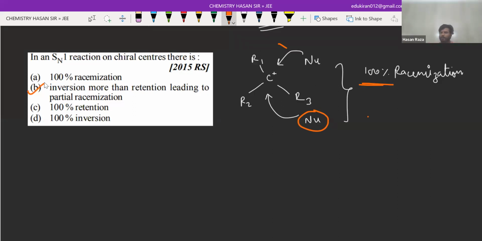Basically, it is not sure that 50% inversion and 50% retention will take place. It might be that retention is greater than inversion, or inversion is greater than retention. That's why partial racemization will be there. Is that clear, Shahid? Okay.